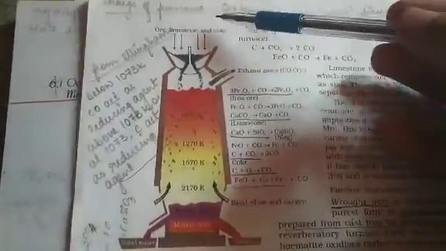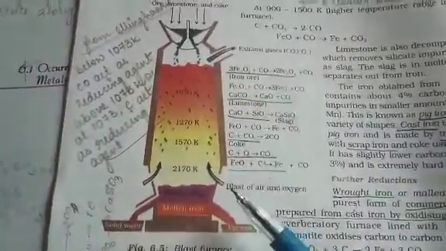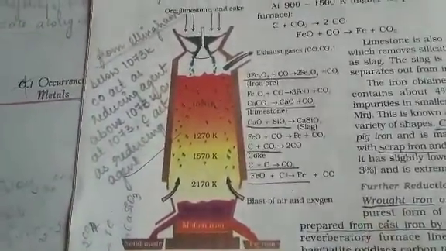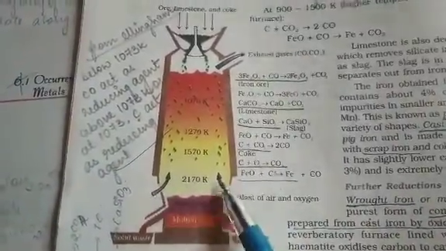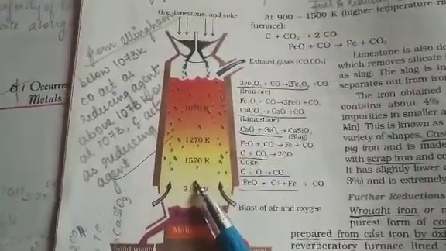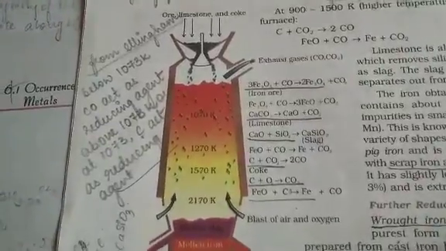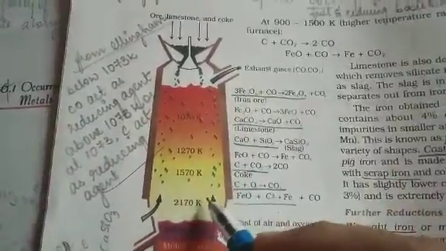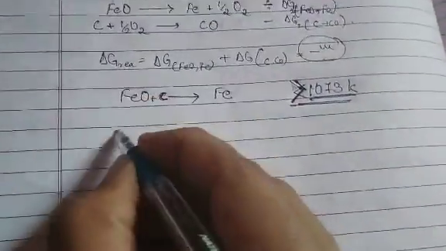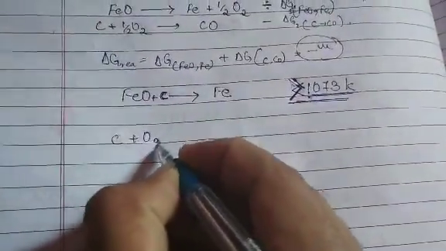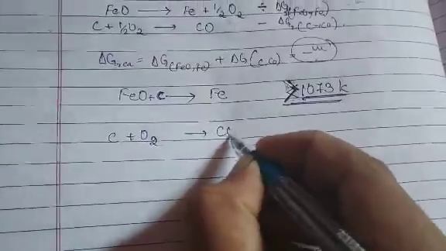So once you are introducing from the top, from beneath you are blasting hot air through these passages. Once you are blasting the hot air, what happens? Your coke, whatever was present, will react with your oxygen to give you CO2. Okay, so that CO2, whatever is taking place, if I just say that, it is C plus O2 giving rise to CO2.